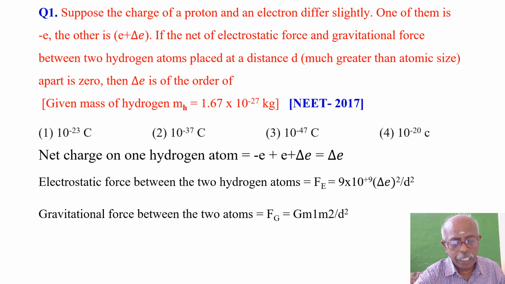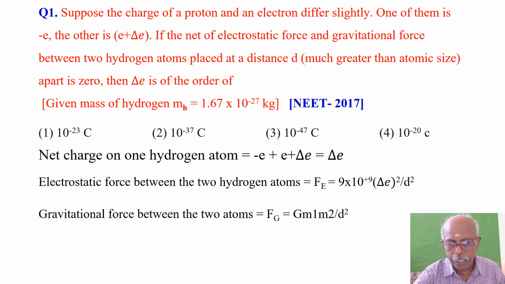So what is the electrostatic force between the two hydrogen atoms? This is equal to Fe. What is the formula for electrostatic force? By Coulomb's law, F is equal to 1 by 4 pi epsilon naught into Q1 Q2 divided by r square. Here the distance between the atoms is d, so we take d square. 1 by 4 pi epsilon naught is 9 into 10 power plus 9.